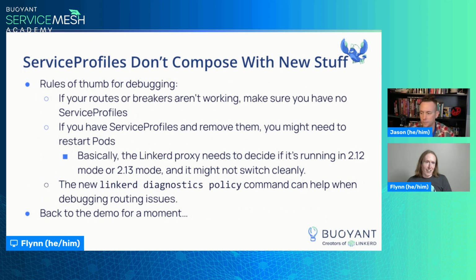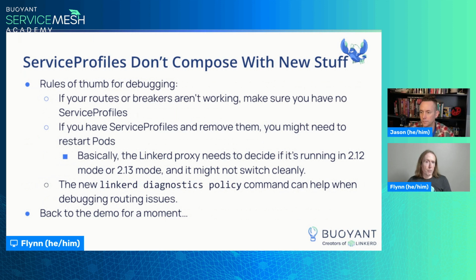The biggest one here, and for the record, I ran across these things while I was putting this demo together. So these are tried and true ways of helping debug. The first one is look to see if you have any service profiles. If you're setting up from a green field, you probably won't.